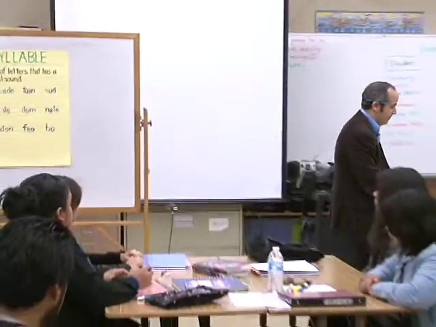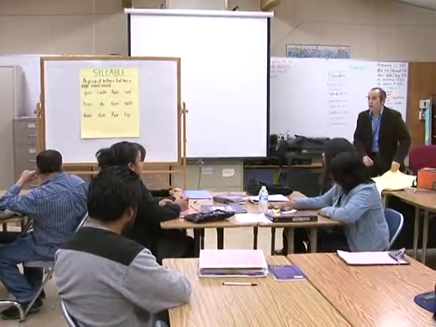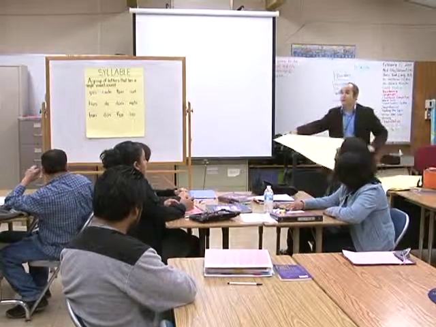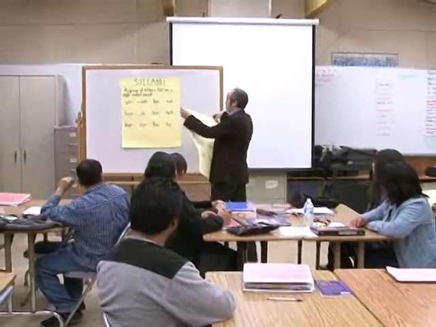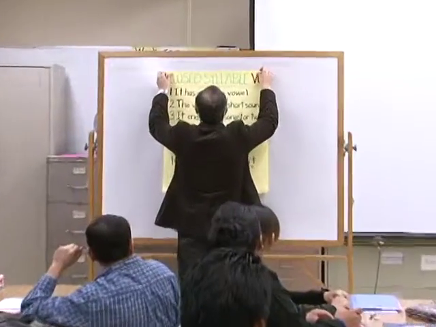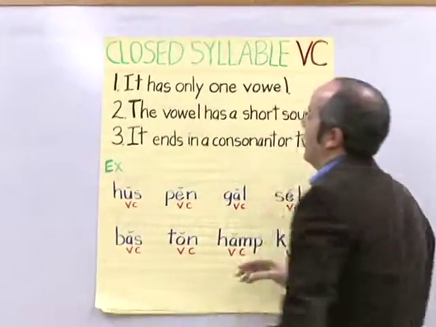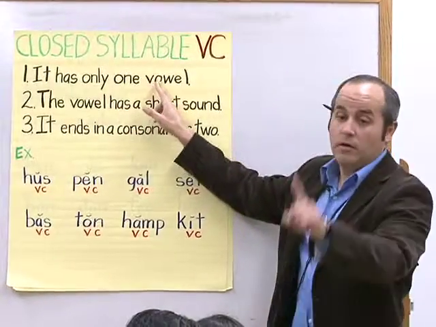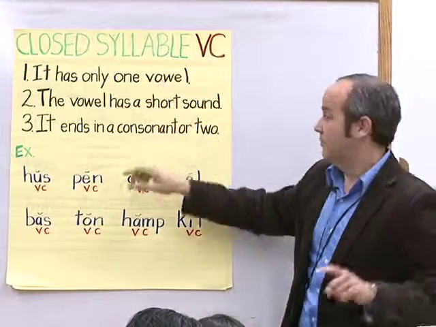Now, there are 3 things you have to remember about the closed syllable. The closed syllable has only one vowel in it.